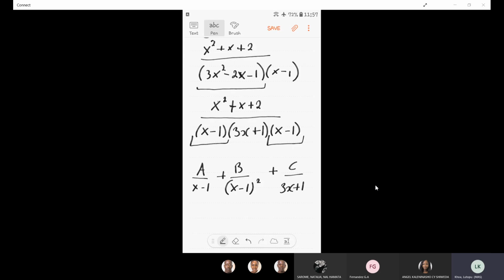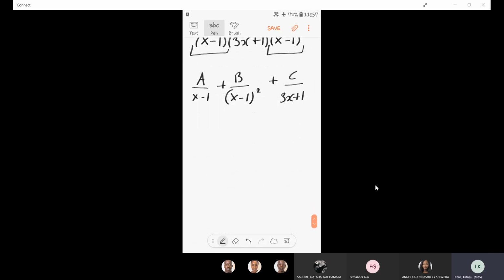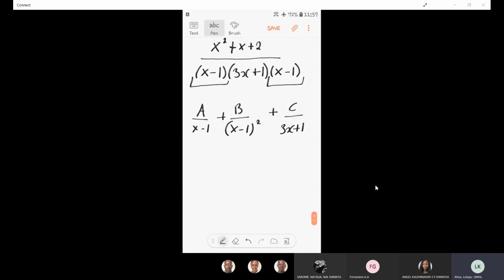Okay, then now that I have it like that, what I do is I multiply the way I normally do. So I will have a times x minus 1 times 3x plus 1, and then b will only multiply with 3x plus 1.